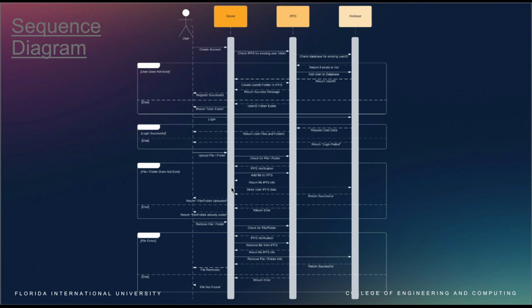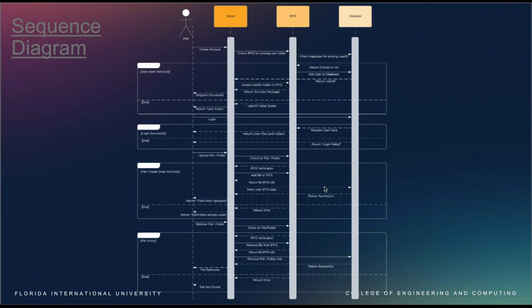And then we're going to store some of that information to connect it to a user in Firebase. This is very important, and this allows us to later on connect encryption and things of that nature. So that's why we store some of the data, such as the hash, in Firebase.